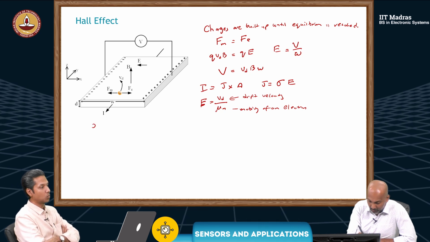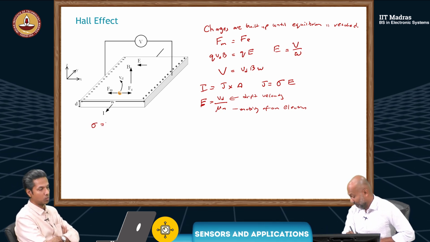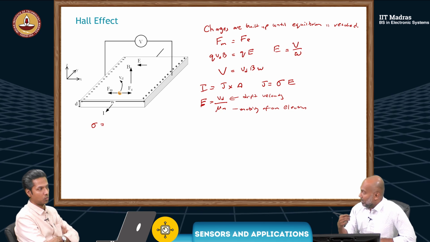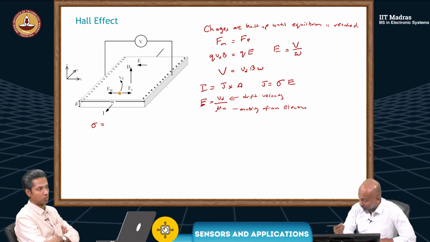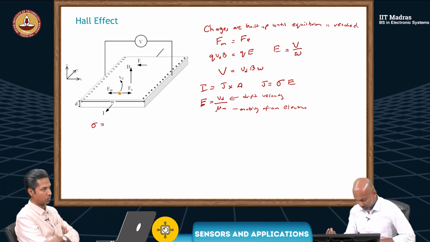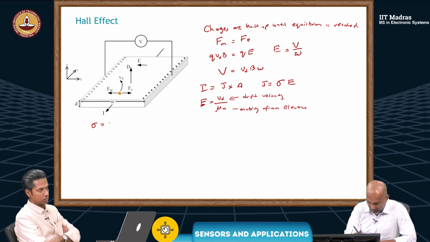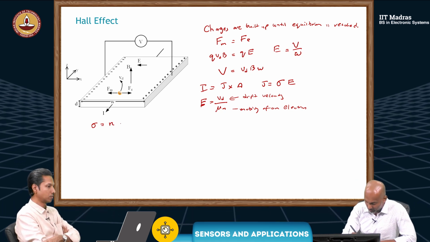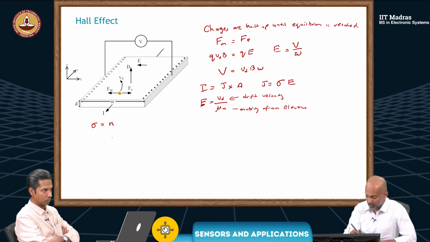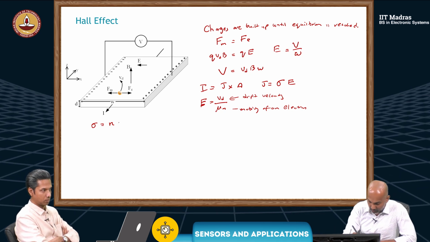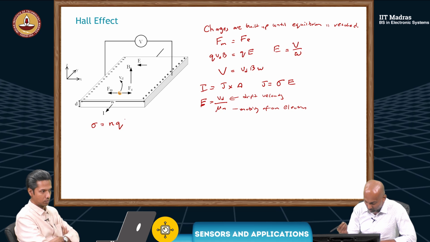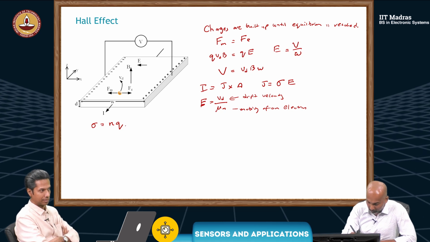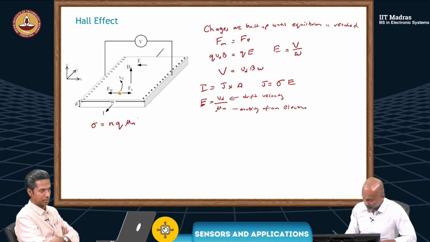Now, your sigma, which is your conductivity, is the measure of the ability of a material to conduct an electric current. In that case, that is N, which is the density of electrons, the amount of electrons you have, times Q, which is your charge carrier, times the mobility.